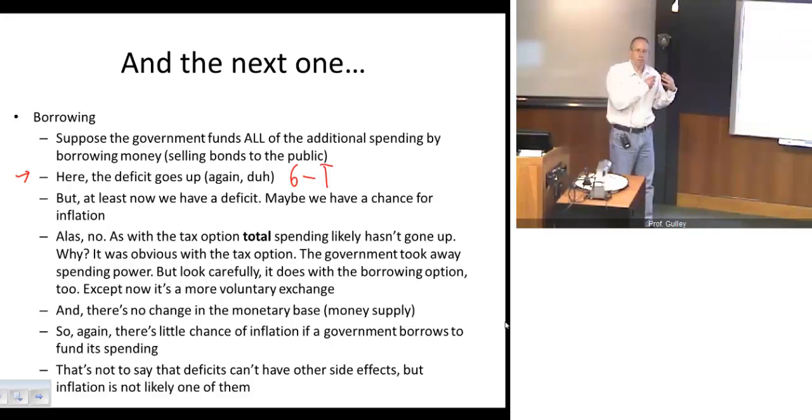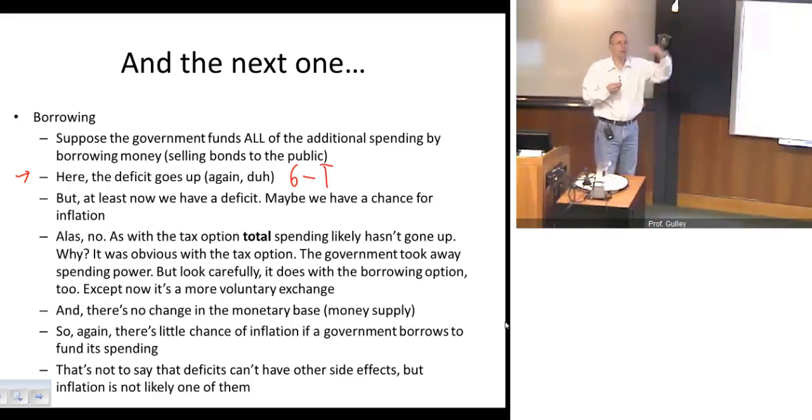Unlike the previous example where taxes rose, that was sort of involuntary. Here, it's voluntary. We're voluntarily lending the government money for them to go out and spend. So we're giving them the money. They're giving us little IOUs. So they're borrowing, in effect, $1 billion worth of spending power from the private sector. And then they'll go use that to fund government spending.